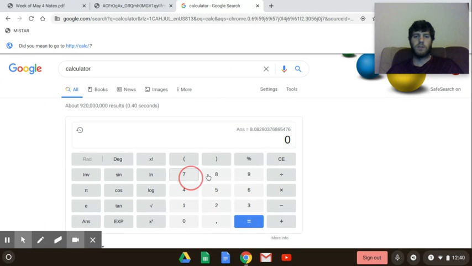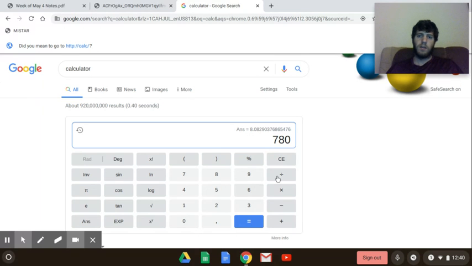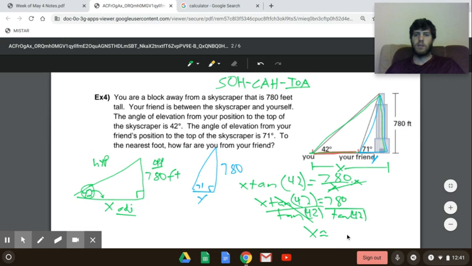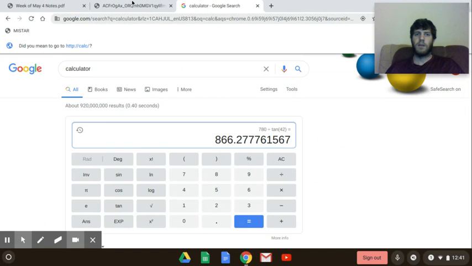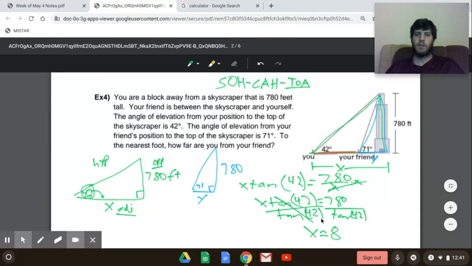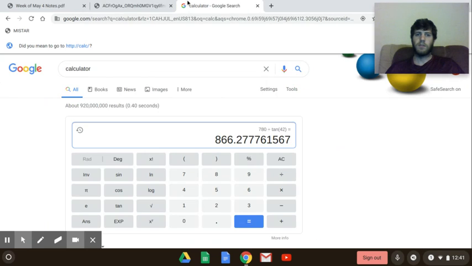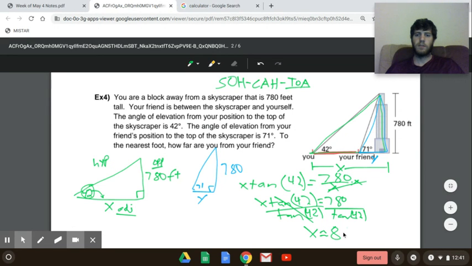So 780 divided by, make sure you're in degrees, tangent 42. That's going to be 866.3. So it's approximately 866.3 feet. And then let's find y now.